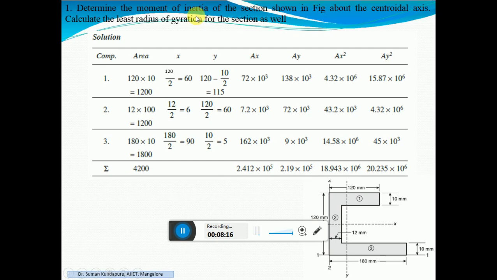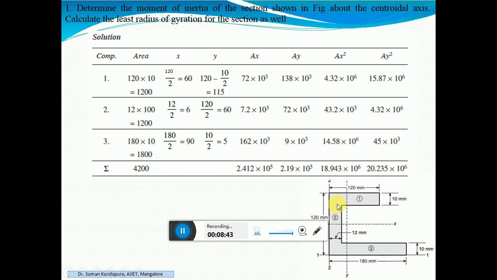Determine the moment of inertia of the section shown in the figure about the centroidal axis. Calculate the least radius of gyration for the section as well. So this is basically a C section which is not symmetrical about any axis. So you assume that the centroidal axis will lie somewhere here.